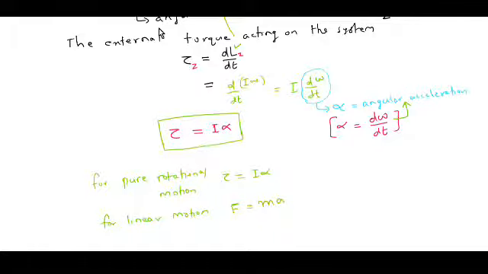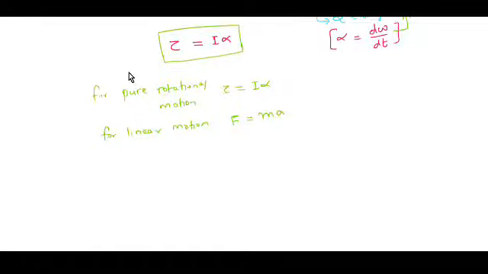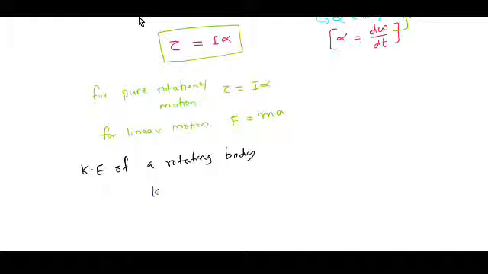Okay. Next, our attempt is to find an expression for the kinetic energy of a body in pure rotation. We talked about the pure rotation of a rigid body and derived expressions for the angular acceleration and the torque. Next is the kinetic energy of a rotating body. We have already derived half m v square.